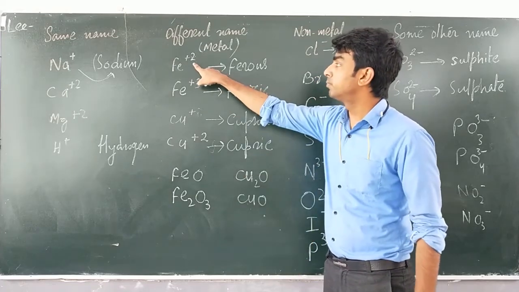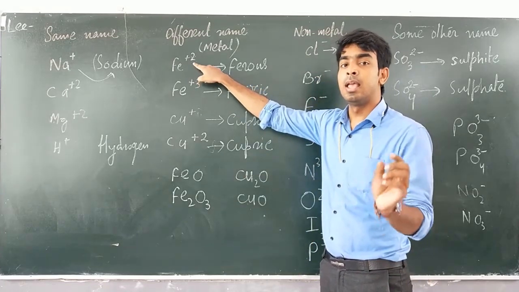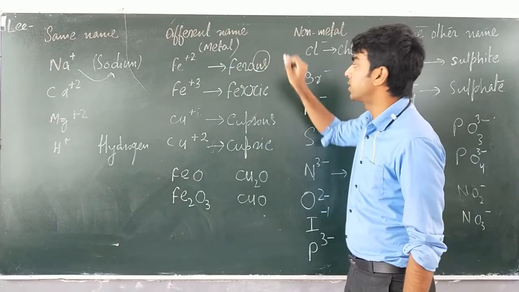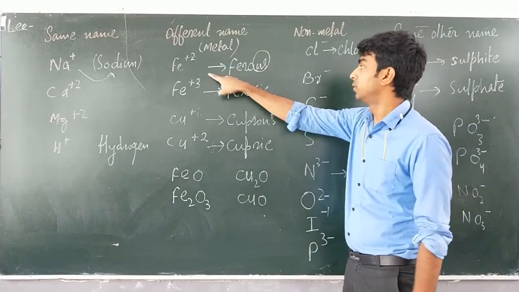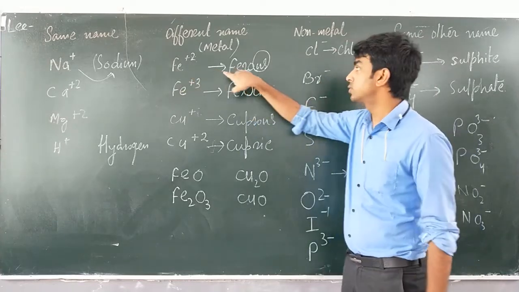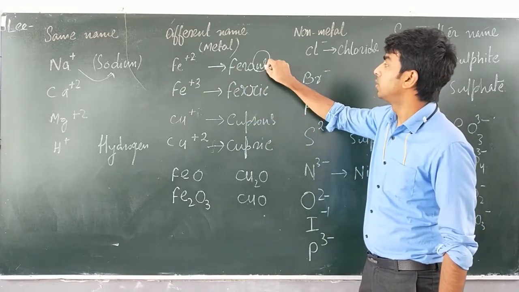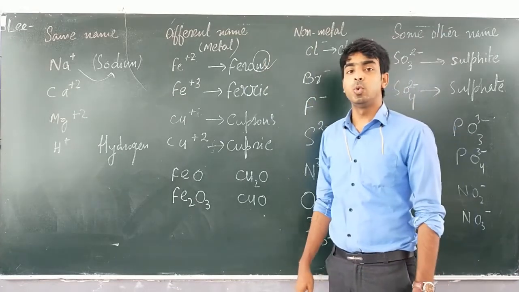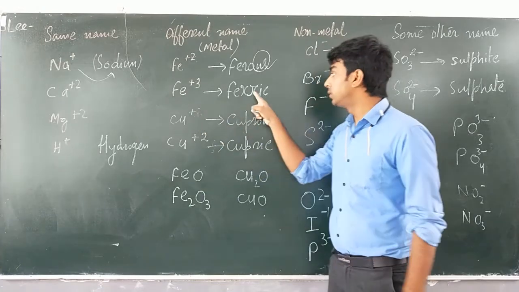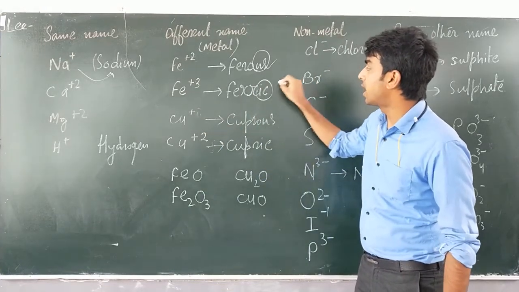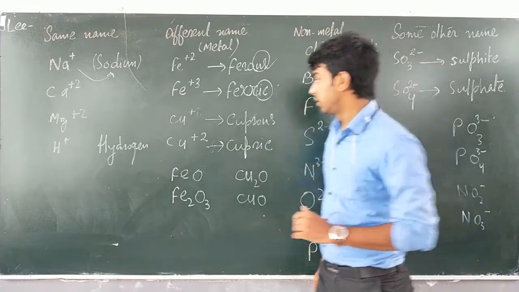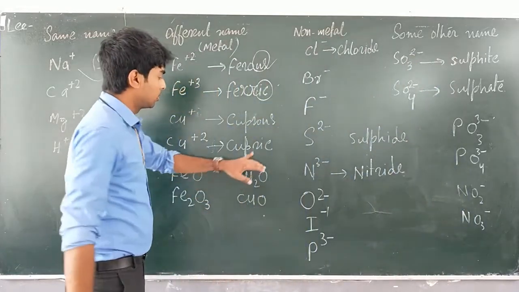Whenever you find a radical having less charge, it will always have "ous" with it. Ferrous, we know it. If it has greater charge than the usual, then it will be ferric, "ic". Ferrous, ferric.